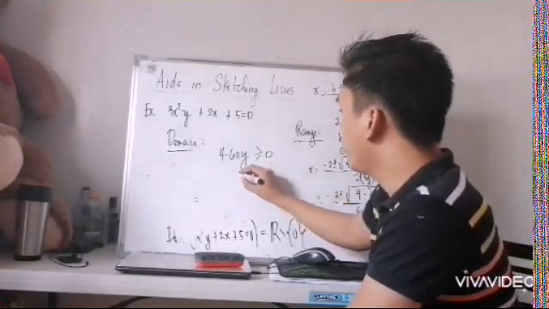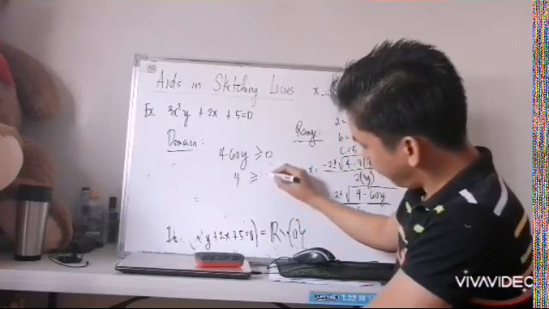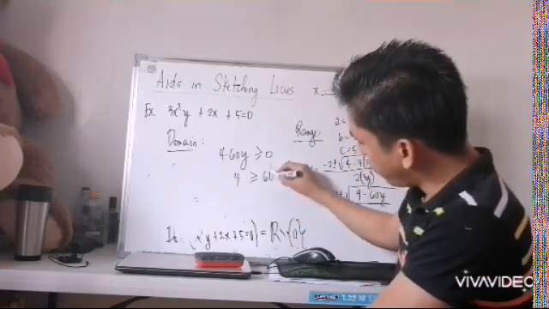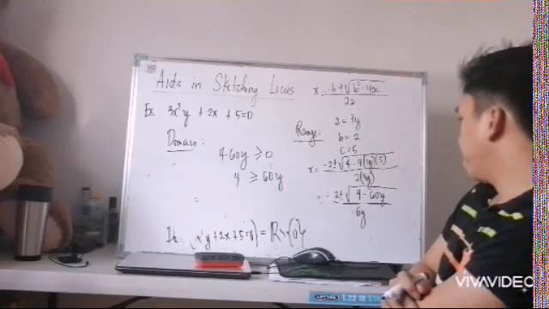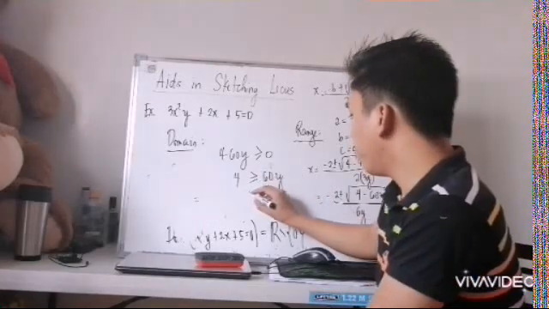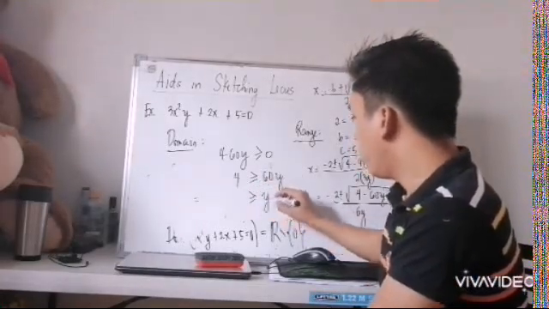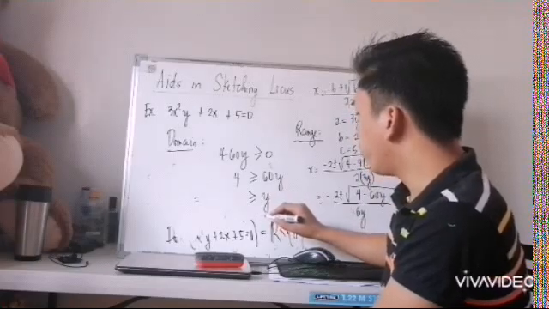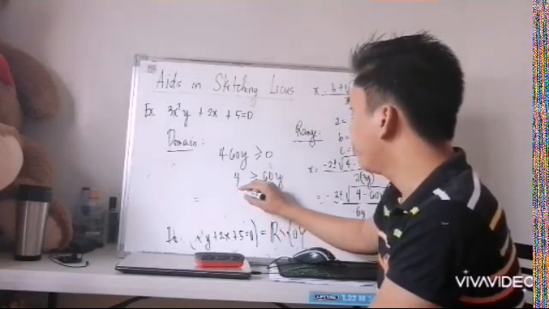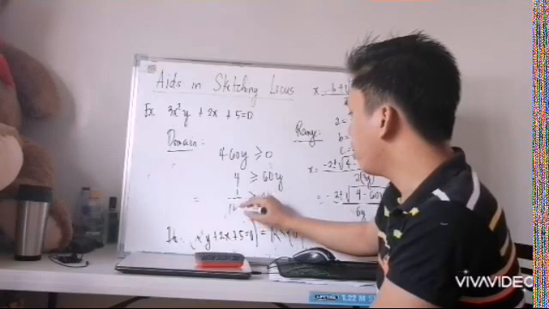So 4 is greater than or equal to 60y, which implies that y is less than or equal to 1 over 15.